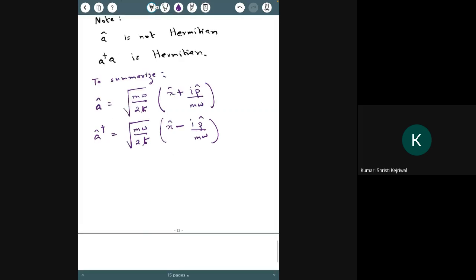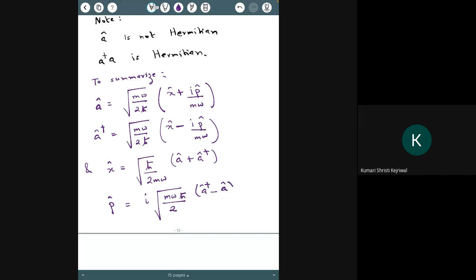And knowing this, we can also express x and p in terms of A and A dagger. So x is root of h cross by 2m omega, times (A plus A dagger), and p is equal to i root of m omega h cross by 2, times (A dagger minus A).